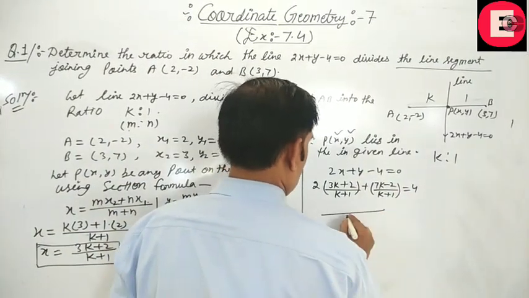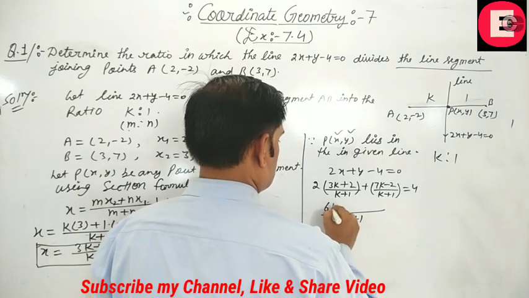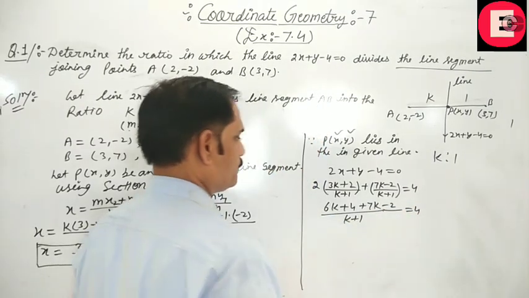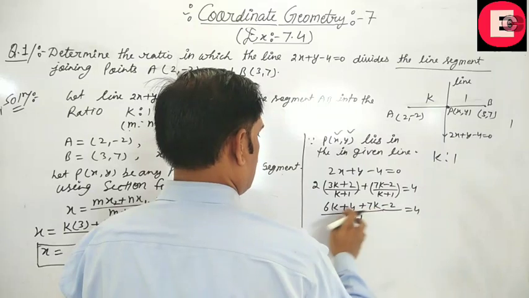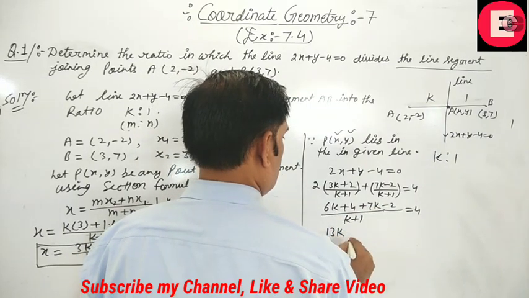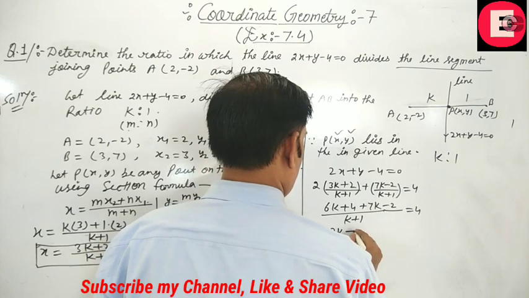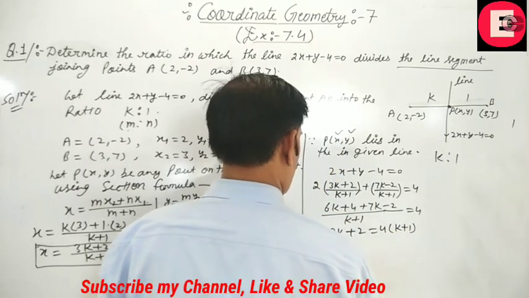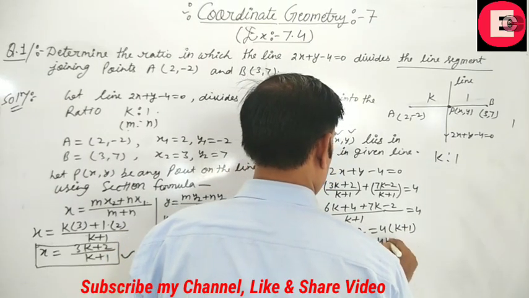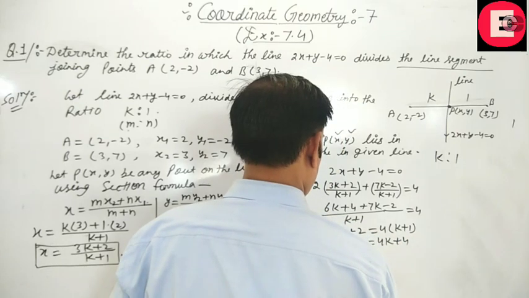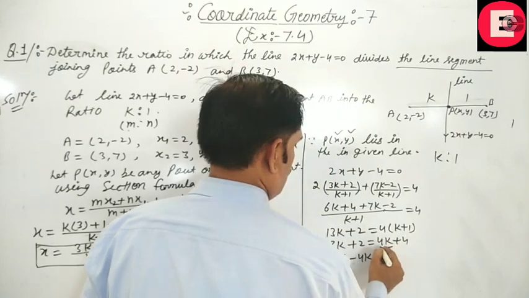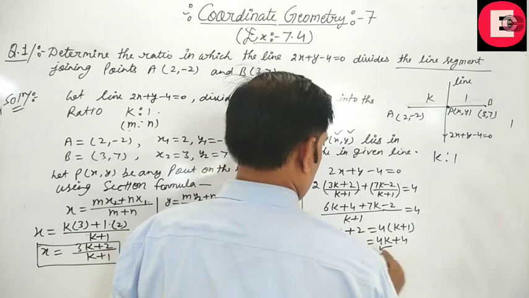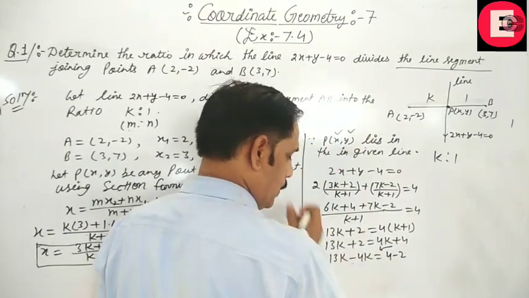So the LCM is k + 1, and 6k + 4 + 7k - 2 is equal to 4(k + 1). Here 7k and 6k is 13k, plus 2 is equal to 4k + 4. Now 13k + 2 is equal to 4k + 4. This 4k will be transferred to the left side, and this 2 is transferred to the right side.